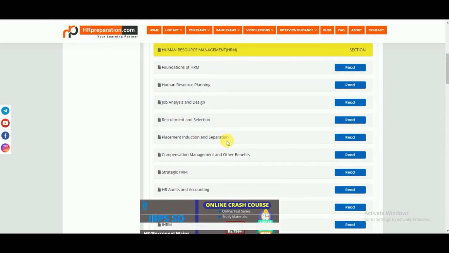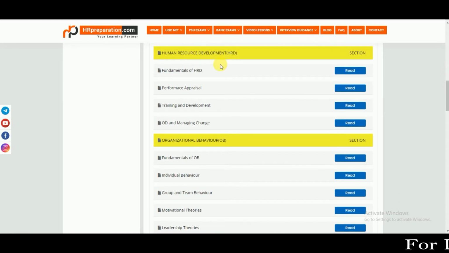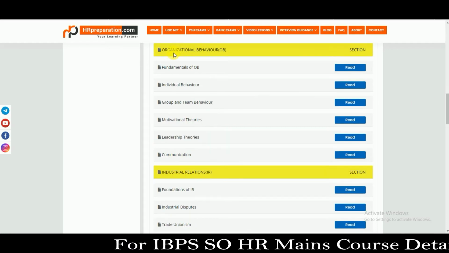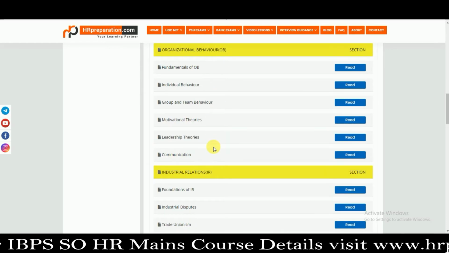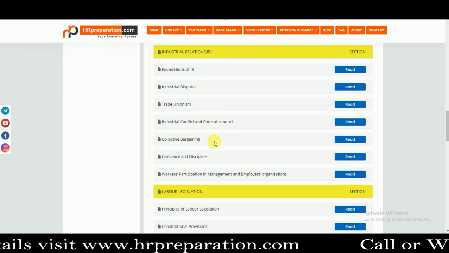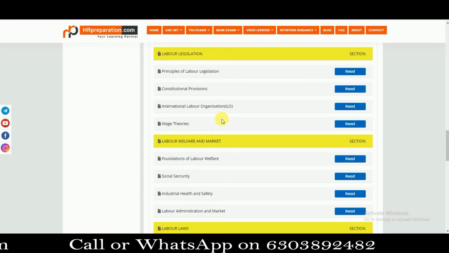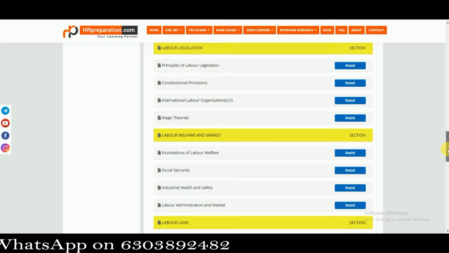Here HRM with subtopics. Here HRD with subtopics. Here OB with subtopics. Here IR with subtopics. Here labor legislations with subtopics.